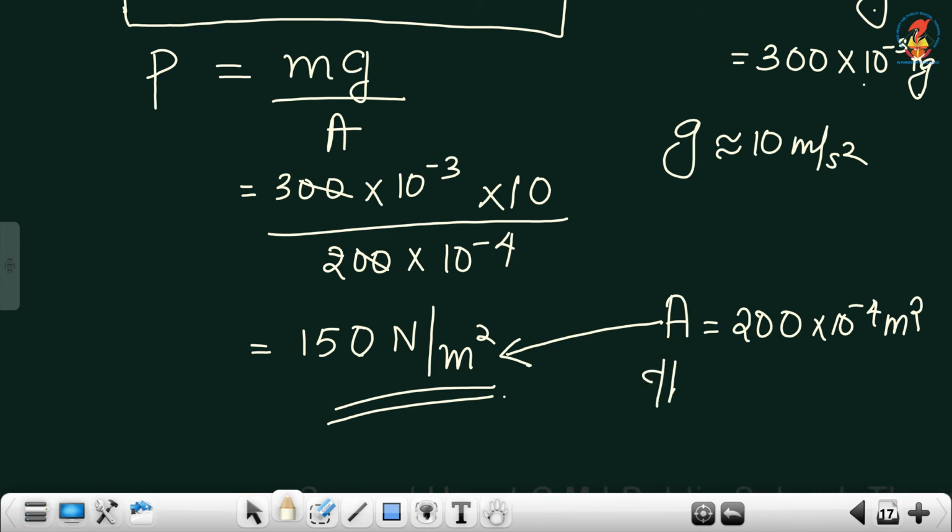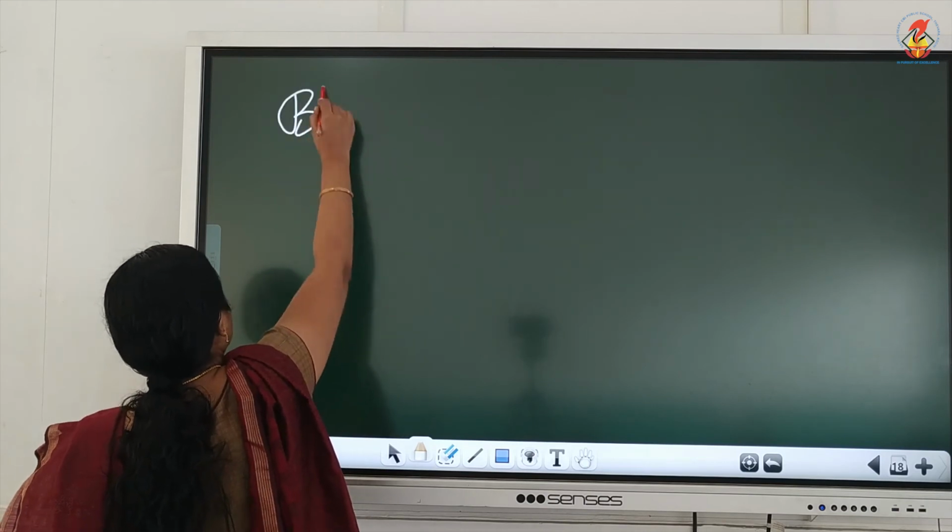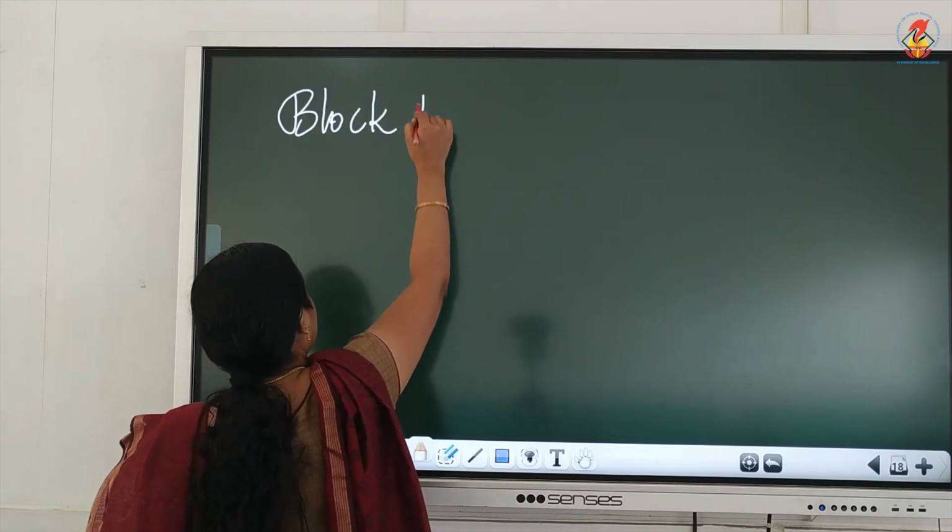And the thrust obtained, thrust is equal to the force, that is mg. Force is 300 into 10 raised to minus 3 into 10. This is the force or the thrust obtained. Now consider block B.